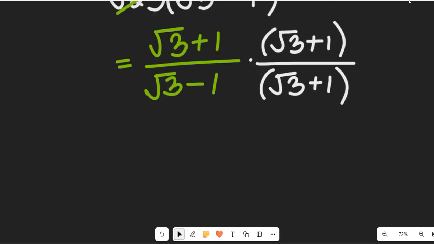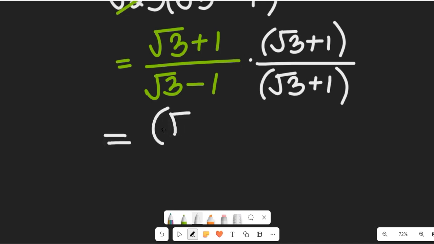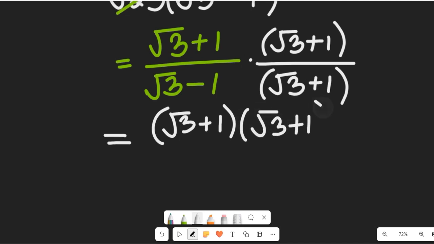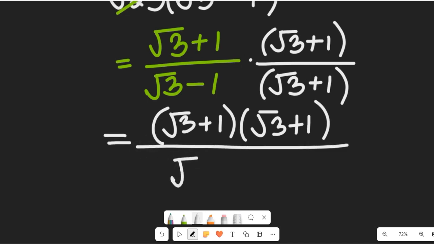If we multiply these two expressions, we're going to have root 3 plus 1 multiplied by root 3 plus 1, divided by the square root of 3 squared minus 1 squared.